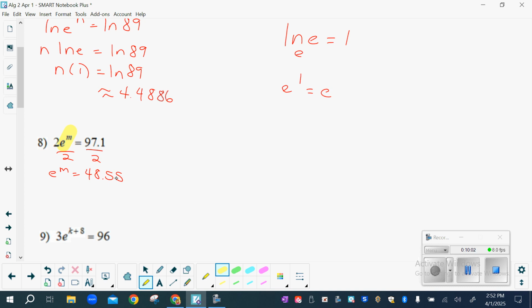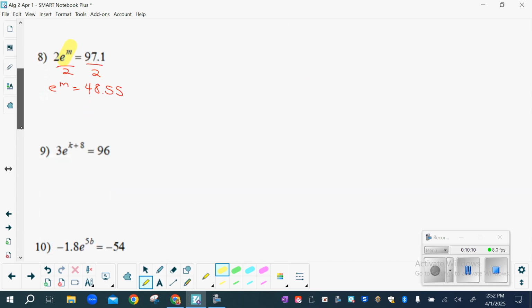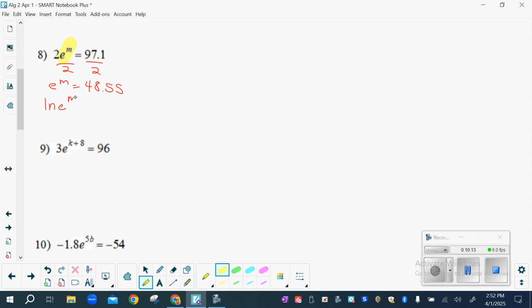So this group here, tell me what we would do next to solve this. Do ln. Yeah, good. Natural log of both sides. Ln is the fastest. Natural log of e to the m equals natural log of 48.55. So now we move the m to the front.